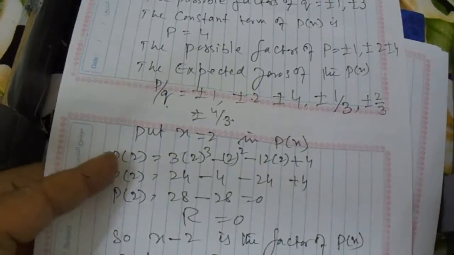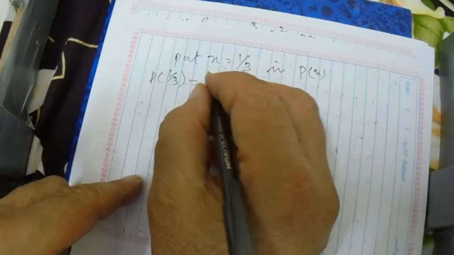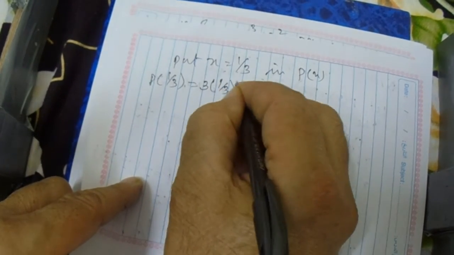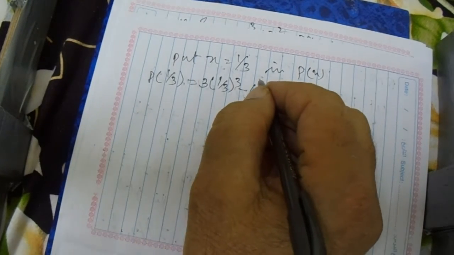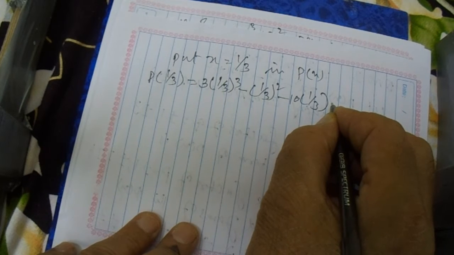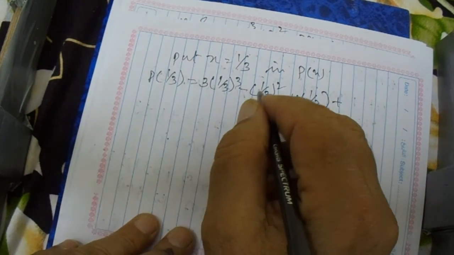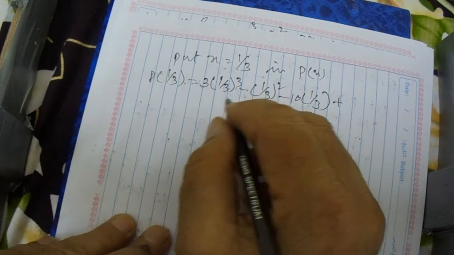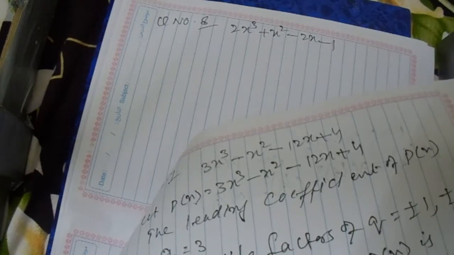Now here this is 1/3, and we put here P(1/3) = 3 × (1/3)³ − (1/3)² − 12 × (1/3) + 4.